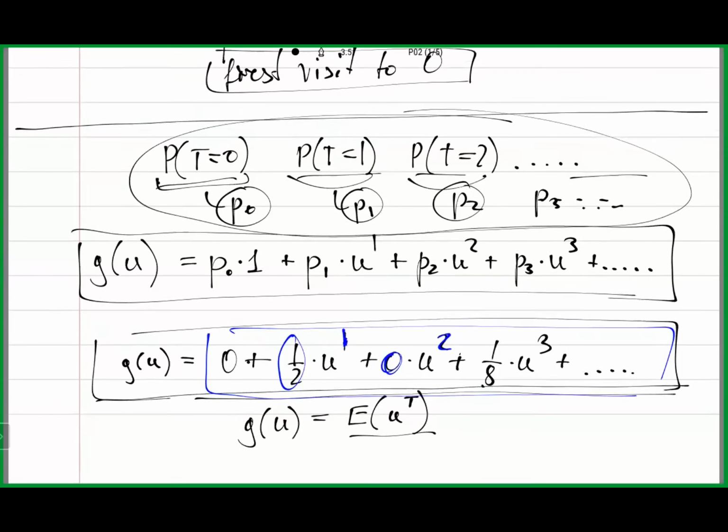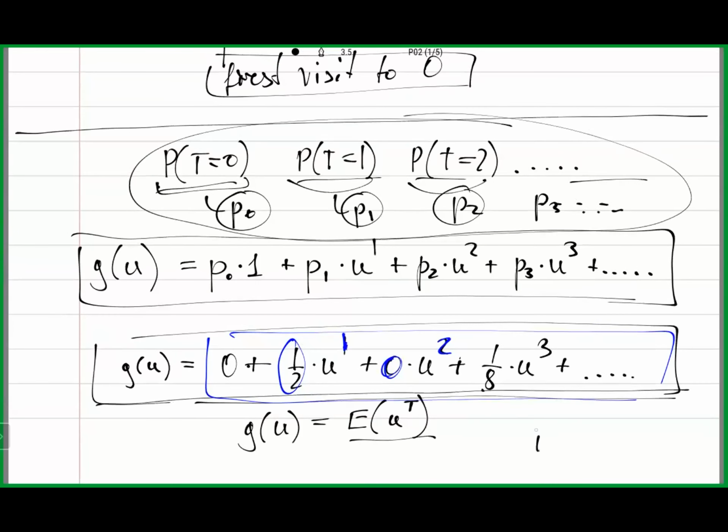So that's idea one, the idea of generating functions. In moment generating functions, you pack the expected value of t squared, expected value of t cubed, and so on in one function. Here it's not a moment generating function, it's a probability generating function, but the idea is the same.